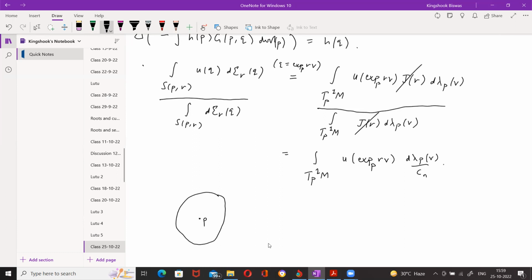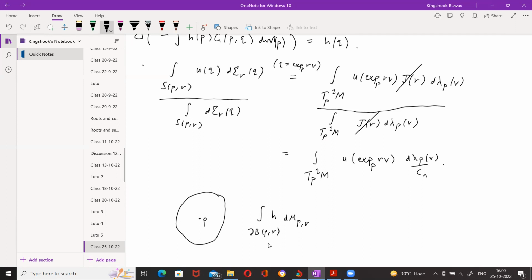Rather, you get some abstract probability measure on the boundary of the ball, such that if you have any harmonic function on the closed ball, then the value at the center is given by the integral over the boundary of the ball with respect to the harmonic measure, say d mu p comma R. This is a probability measure on the boundary of the ball.